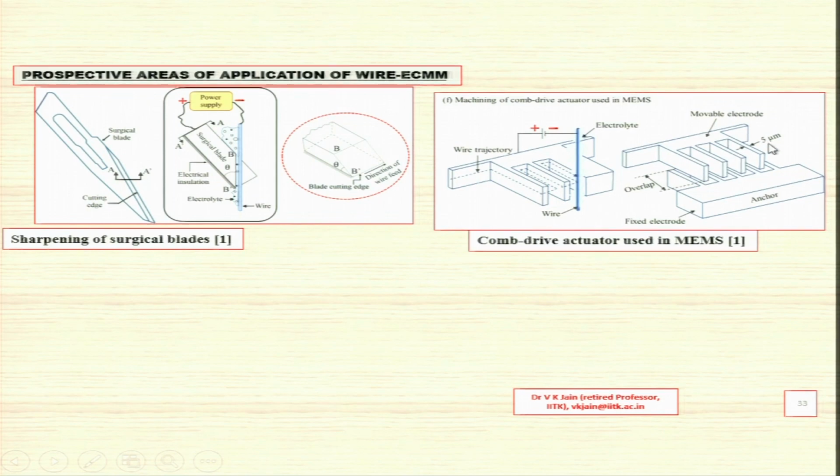Thin plates of 5 micrometer are there, and this is the overlap between the two. Such things can be made only with advanced micromachining processes, not by conventional micromachining processes. So machining of a comb drive actuator used in MEMS, micro electromechanical system.